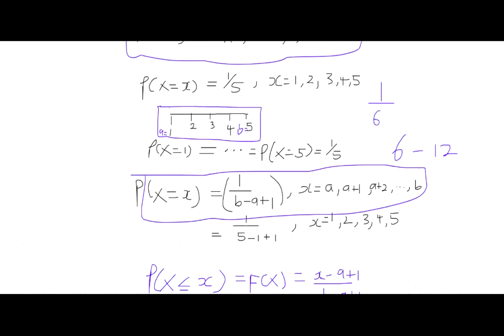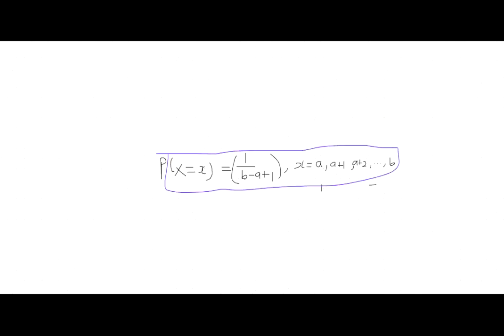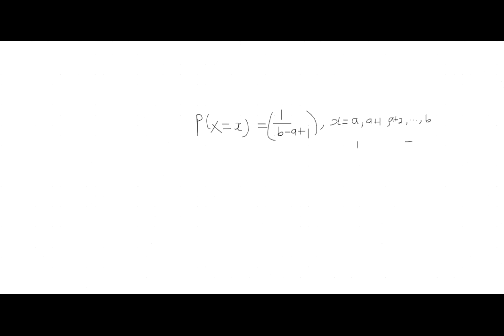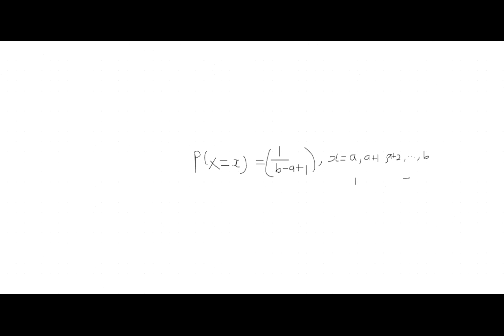I want to leave this, but I feel it will be good enough for us to apply this once and see situations where you don't have it to be 1 over n. Now, dealing with the second formula, if my range of values is from 6 to 12.